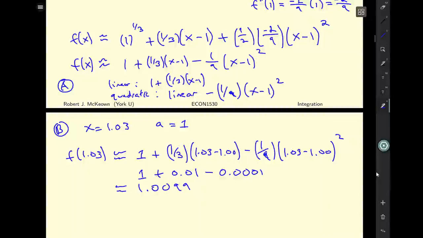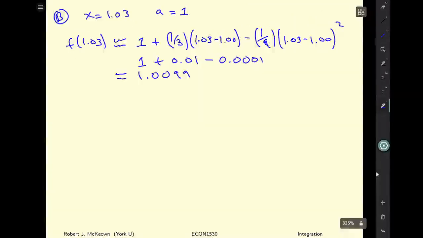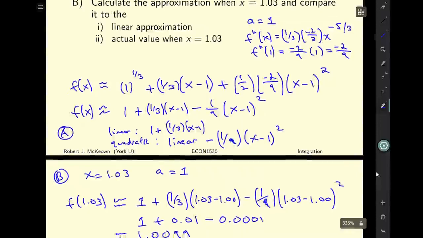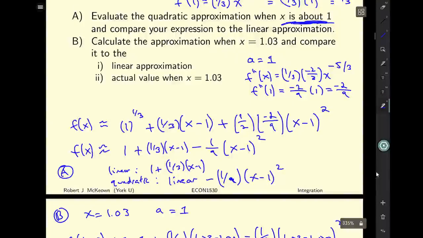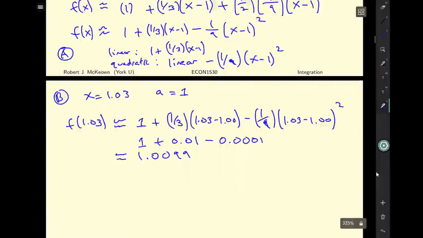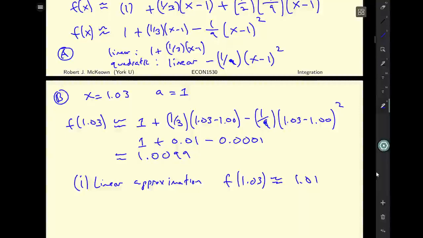I hope you got the same. Now if we just had a linear approximation, f of 1.03 would be approximately equal to 1.01. Now let's look at the actual value.